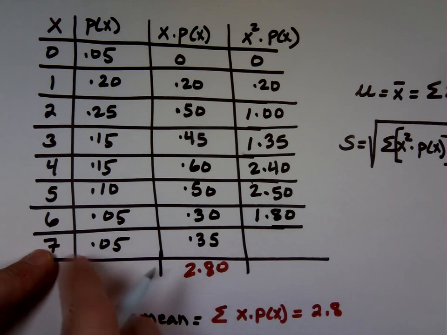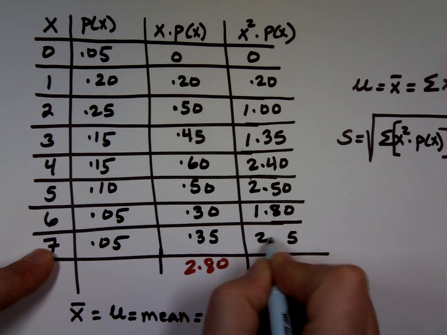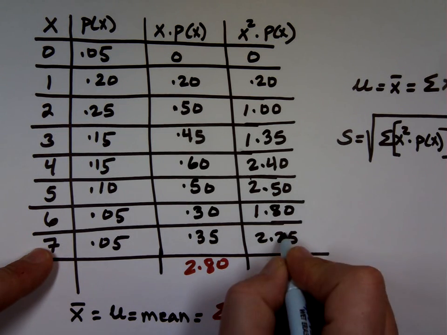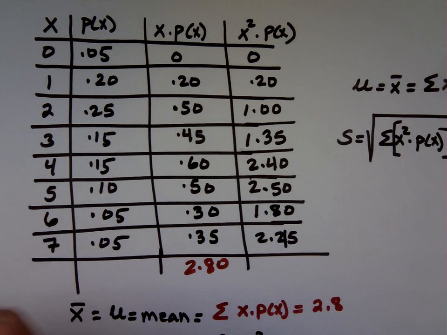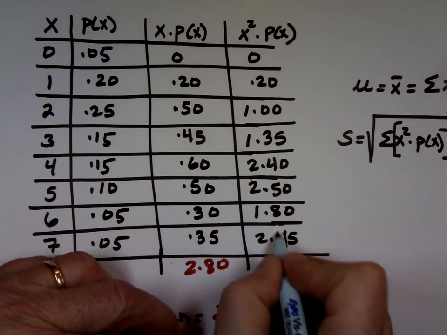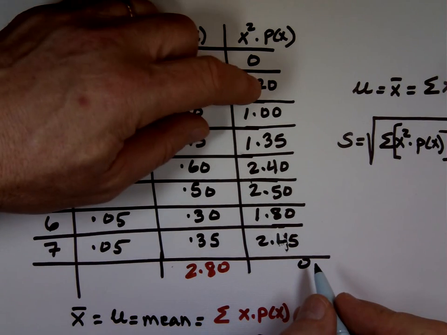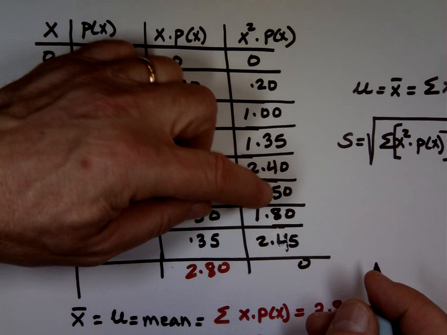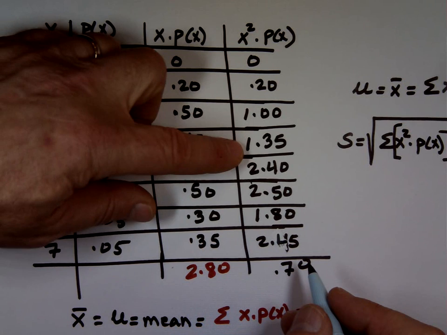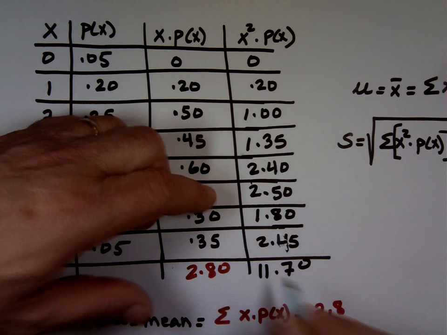And 7 times 0.35, 2.45. And now let's add them. The total is 11.70.